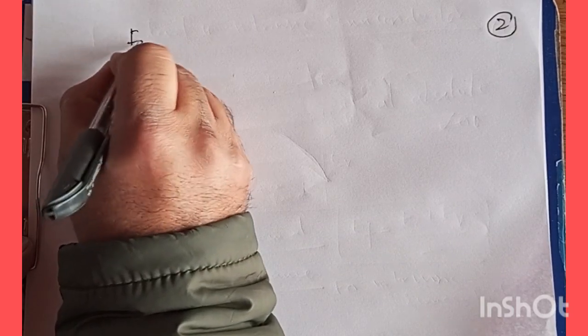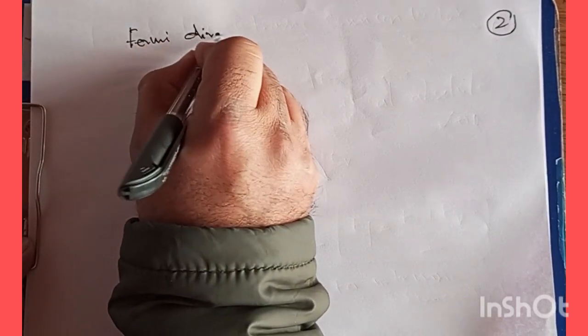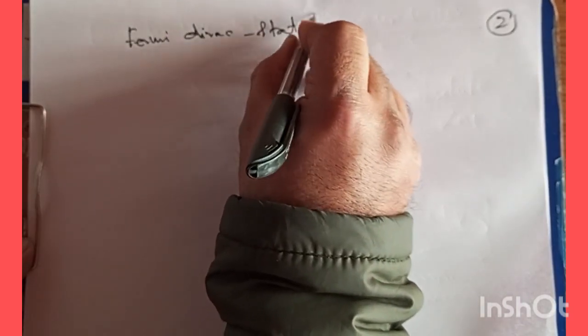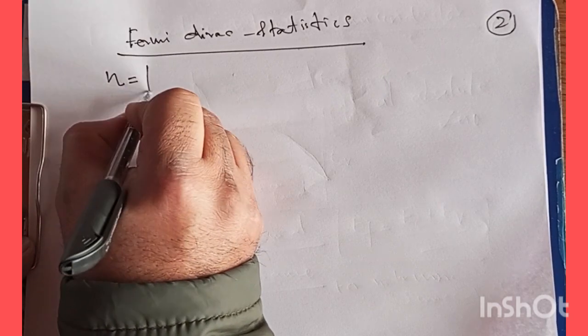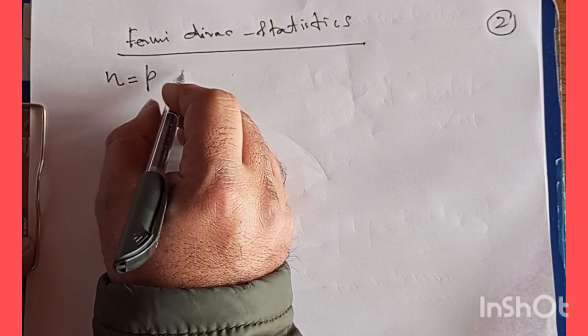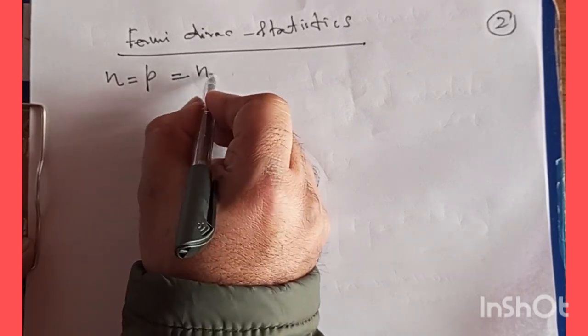Now let's move on from here. As we understand that we are dealing with the electrons in these materials, and we have the applicability of Fermi-Dirac statistics, and we better understand that for an intrinsic semiconductor N is equal to P, the number of electrons is equal to the number of holes, and we can approximate that equal to Ni.